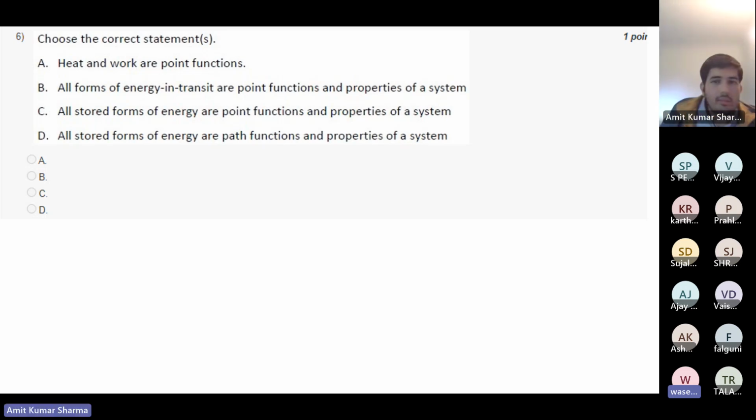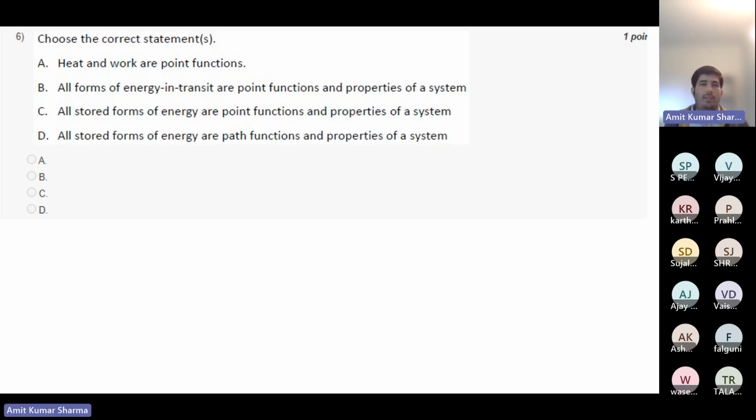Heat and work are path function because they depend upon the path, like the area under the curve to get the work, and a point function does not depend upon the previous state. So stored energy does not depend upon the previous state. Correct. Stored energy is a point function.